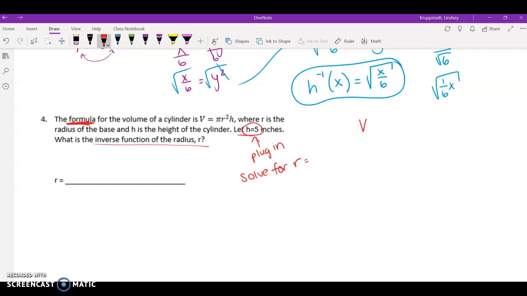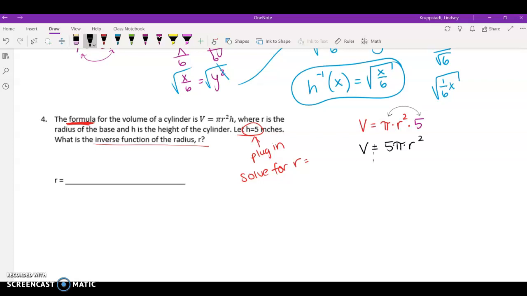So we'll start by writing v equals pi times the radius squared times, instead of writing h, I am going to put that 5 there. I'm going to rewrite this slightly because one fun fact is that pi and 5 are both numbers. So it's a little bit easier to think of this as 5 pi r squared instead of having them kind of rearranged.